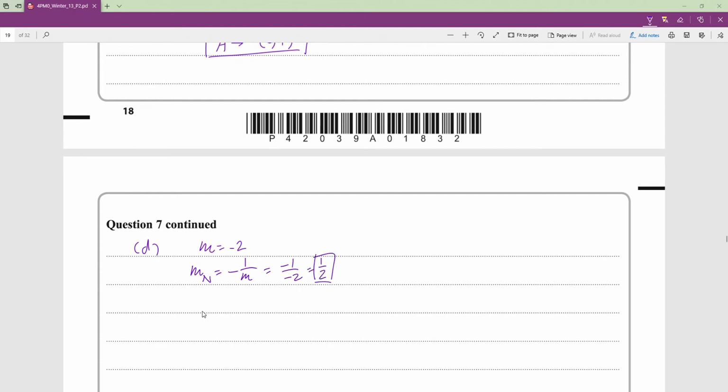So what we can do here is, in a very similar fashion to how we found the tangent the first time, we let half, being the gradient, be equal to y minus y1, where y1 is a coordinate that we know and y is the variable, over x minus x1 in the same fashion.